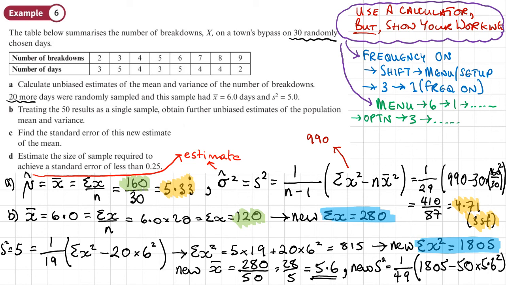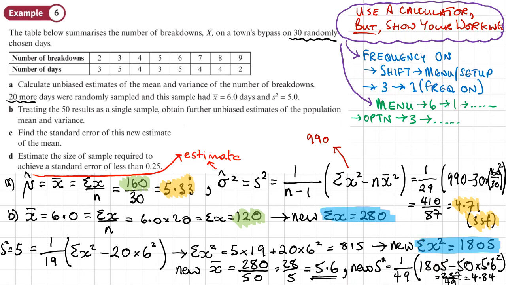And we get 237 over 49, and to three significant figures, that's 4.84. We're running out of space down here, so I'm going to write all the answers at the top before we carry on.